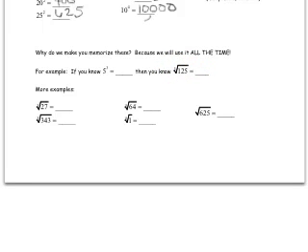Because if you know that 5 to the third power is 125, then you really also know that the cube root of 125 is 5. People don't memorize cube root of 125 is 5. People memorize 5 to the third is 125, so the opposite of that is that cube root of 125 is 5. It's a lot easier to memorize this than this.